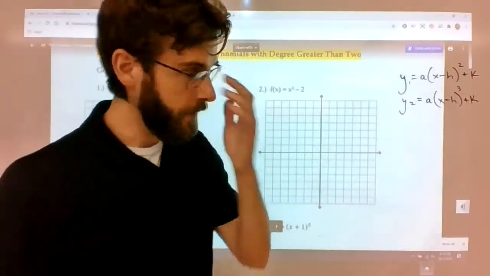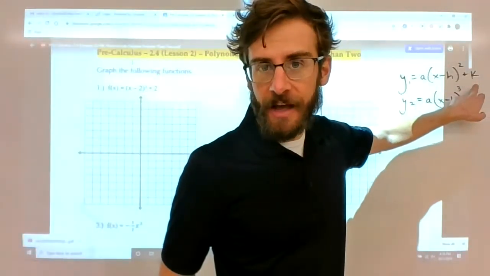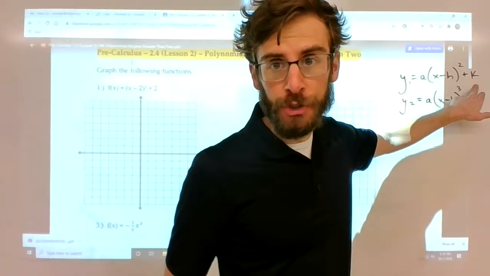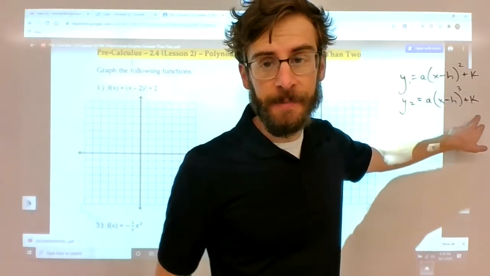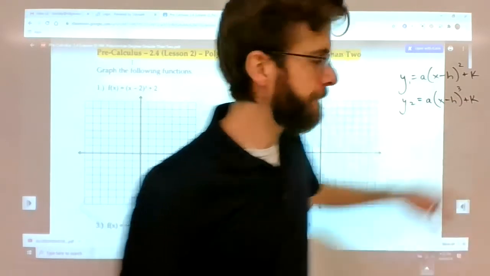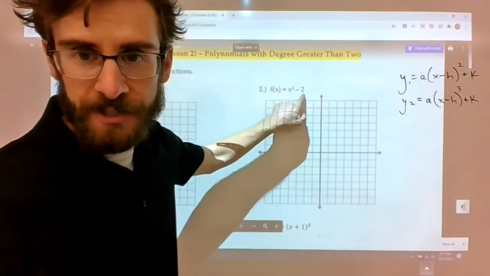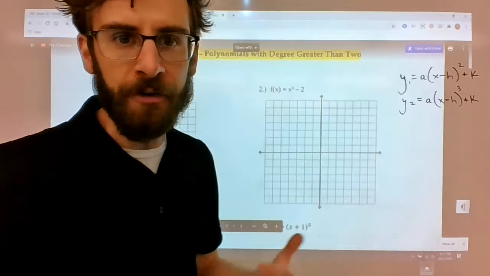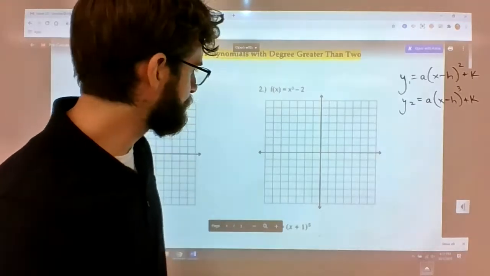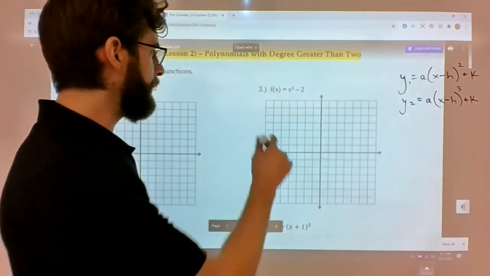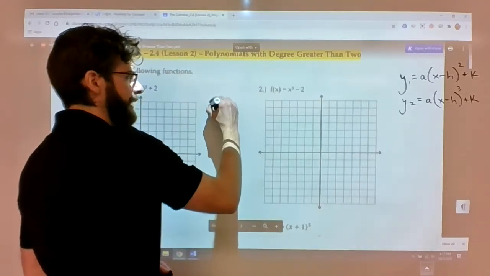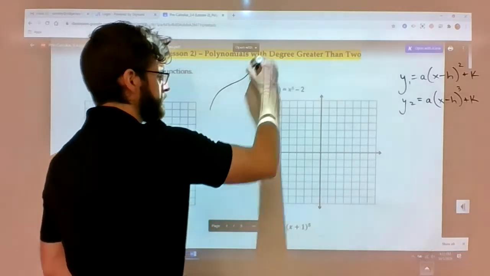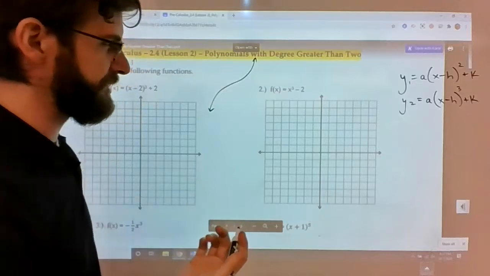However, the idea that the k value for a parabola is a vertical shift is going to mean the same thing for a cubed function. So this right here, x cubed minus 2, means you would shift 2 units down whatever x cubed looked like. If you remember, x cubed follows a pattern something very similar to this.